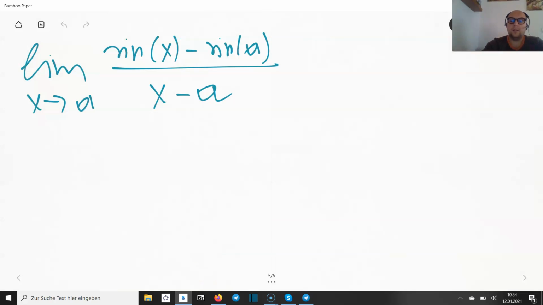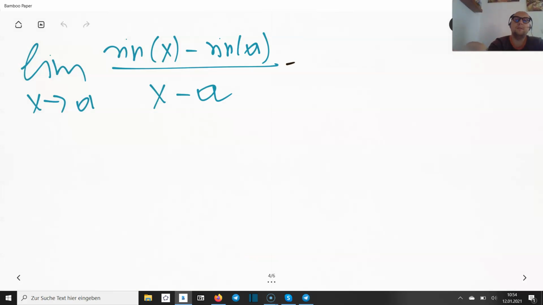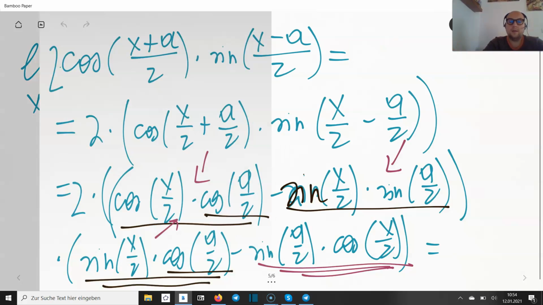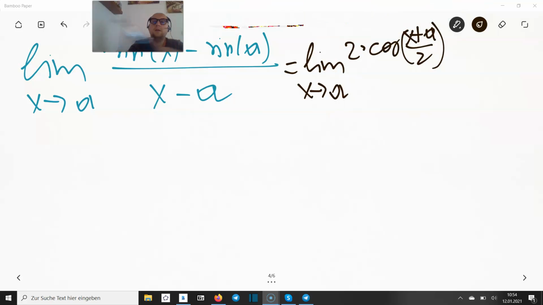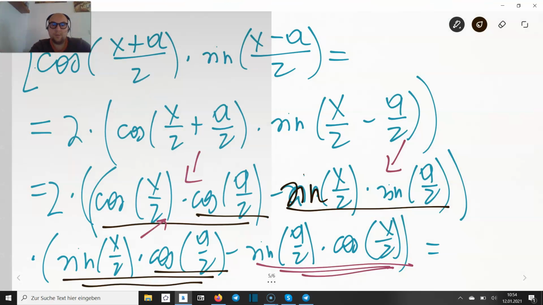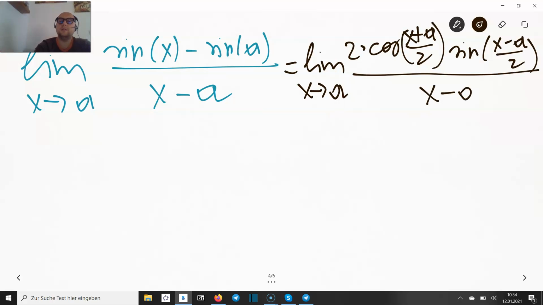All right, so we use it now, and we just rewrite it as limit x approaching a of 2 times cosine of x plus a divided by 2, and then sine of x minus a divided by 2, and we are dividing it by x minus a.